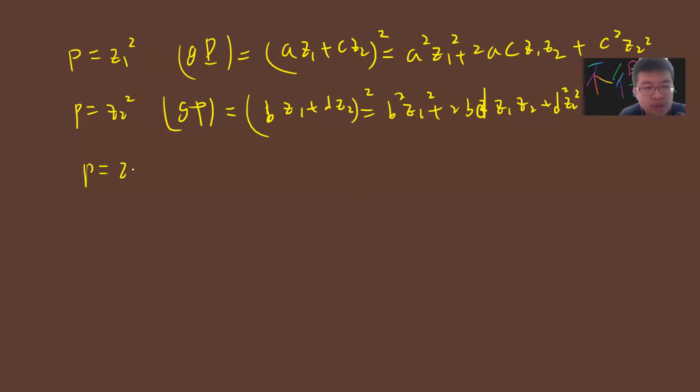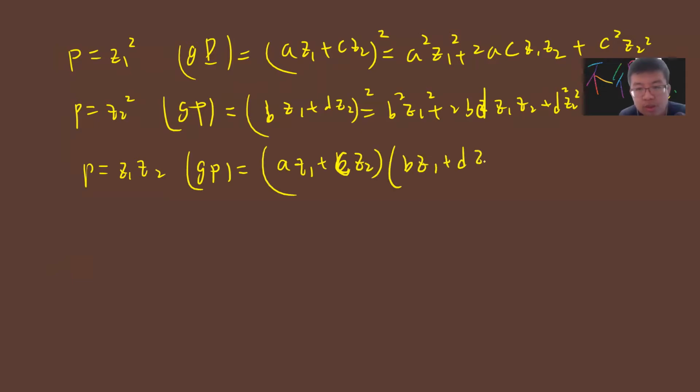And if P is z1 z2, then your GP will be (az1 + cz2)(bz1 + dz2).